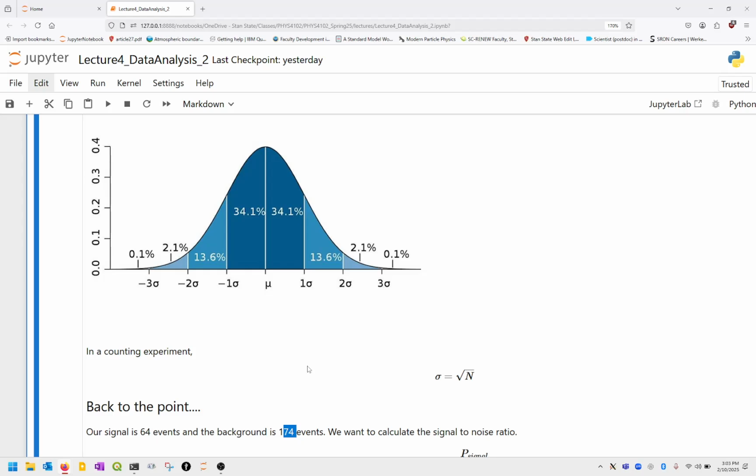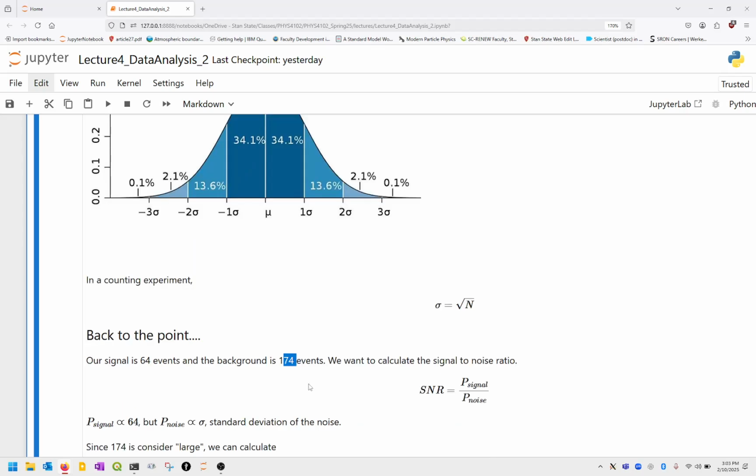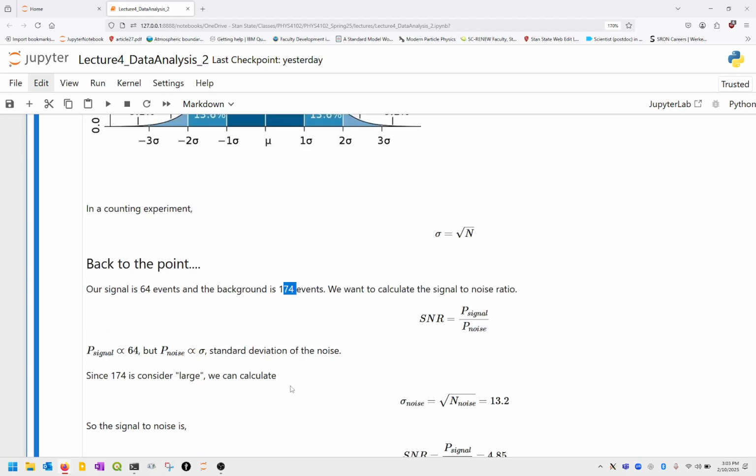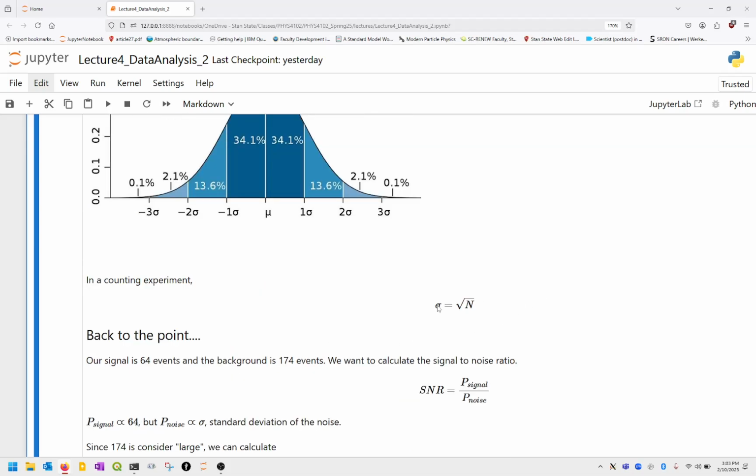So in a counting experiment, if there were 174 events and you want to calculate how much that number fluctuates from 174, all you have to do is take the square root of it. In this case, our signal is 64, and the noise is proportional to sigma, which is just the square root of n.